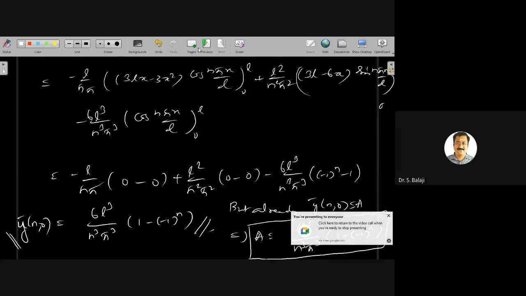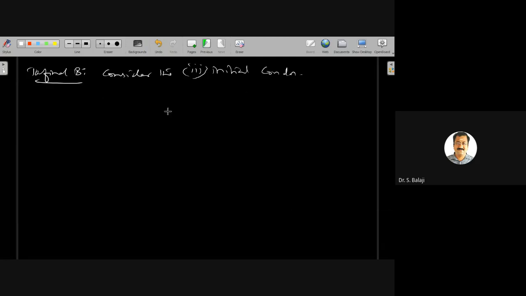Yes, to find b, consider the third initial condition. What will be the third initial condition?